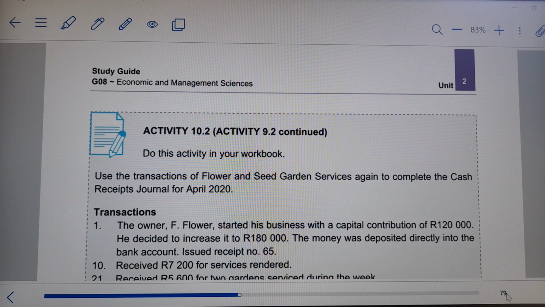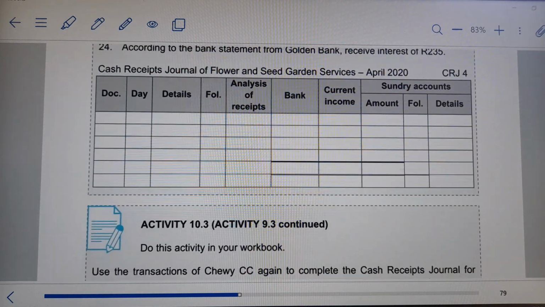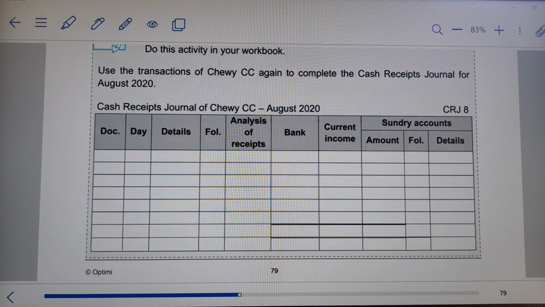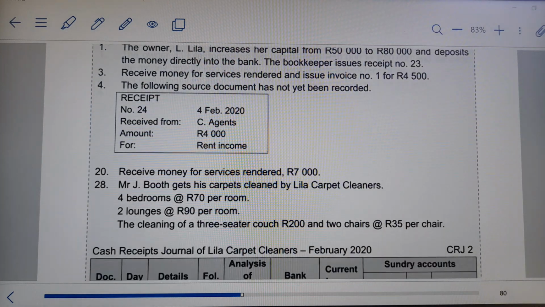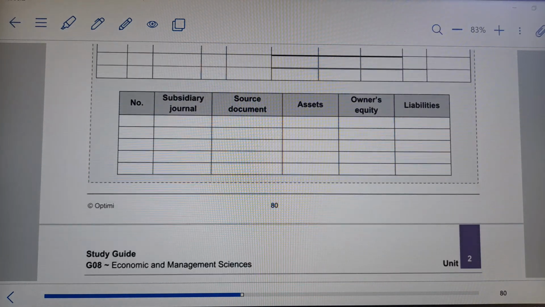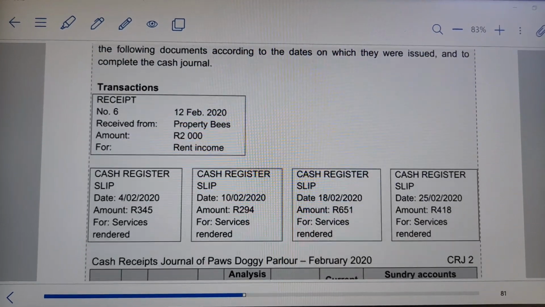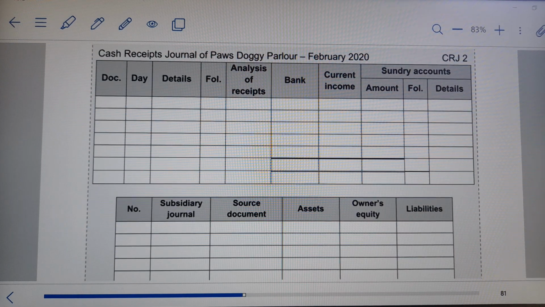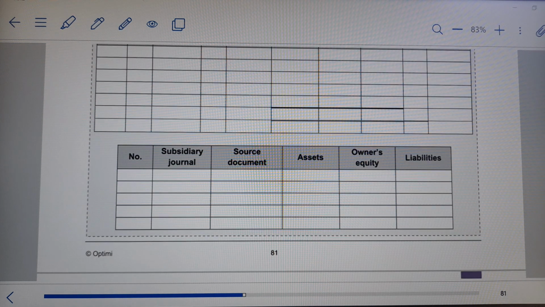You do 10.2, you do 10.3, they use Chewy CC again, and you do 10.4, and you do 10.5. I've given you the worksheets, so it shouldn't be a problem to complete. So you should be covered all the way up to page 81.